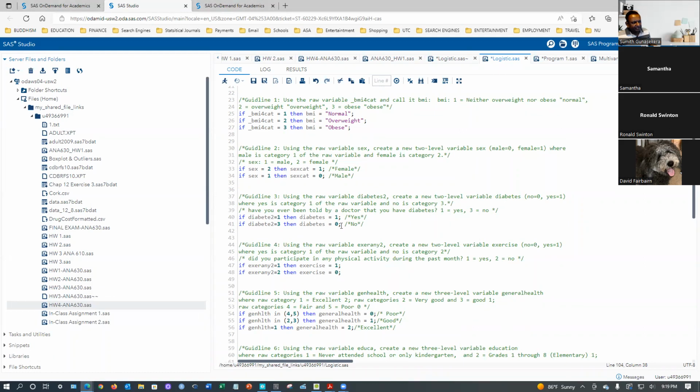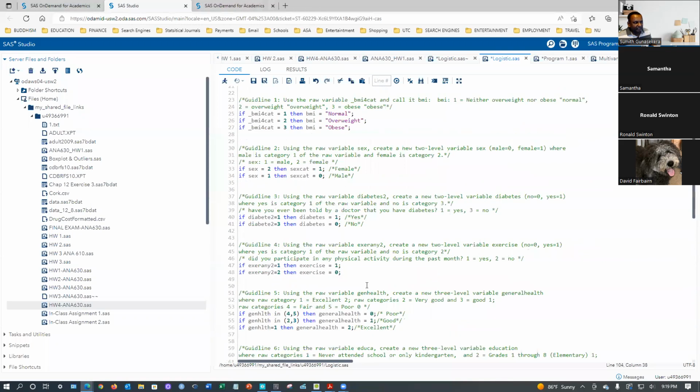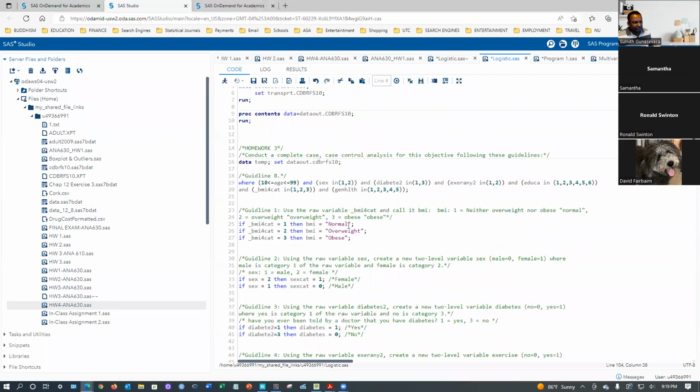This one, no, will be taken with respect to no. Yes, disease one, I'm looking for the worst scenario. And for gender, reference 0, male with respect to male. Exercise reference 0, 0 means no.